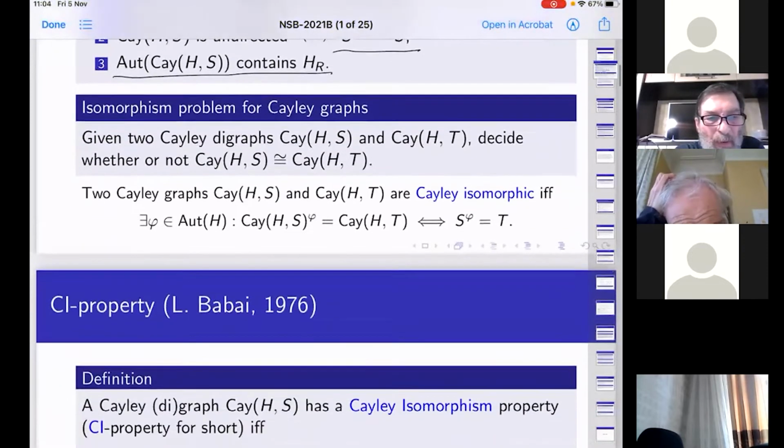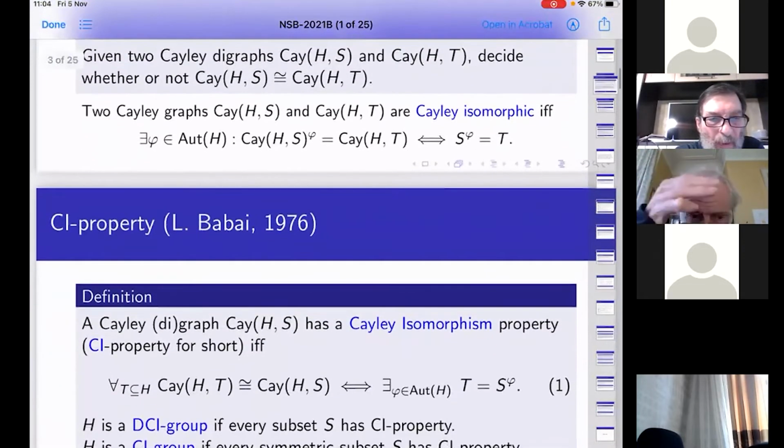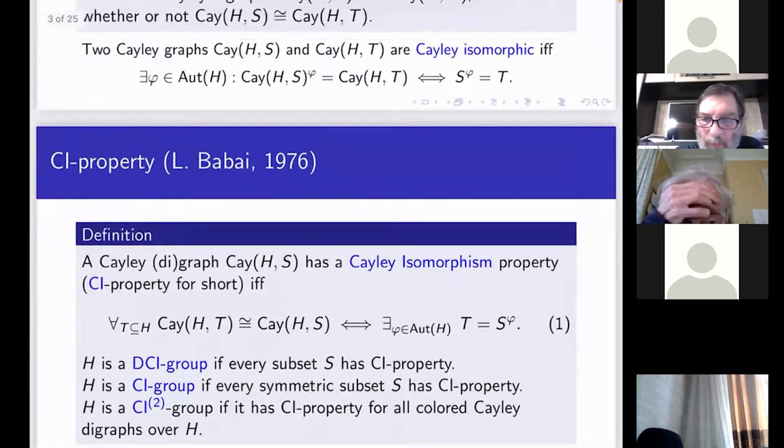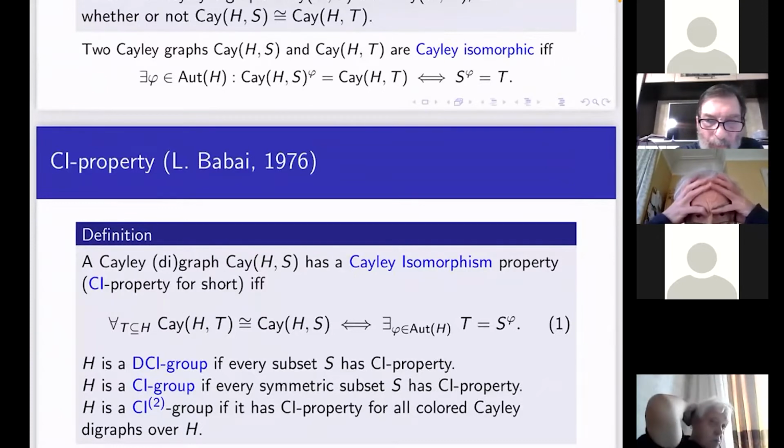And Babai in 1976 introduced the Cayley isomorphism property for Cayley graphs. Actually, he introduced this property not only for graphs, but for general Cayley combinatorial objects. But in the main part of my talk, I will talk about graphs.